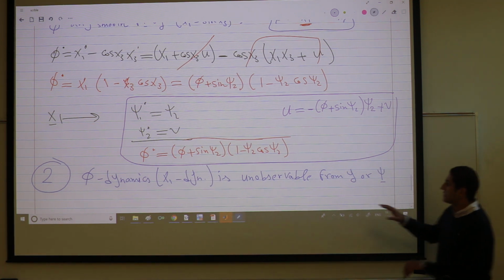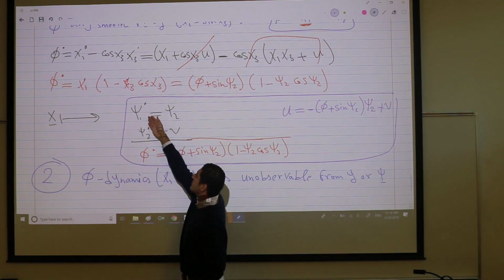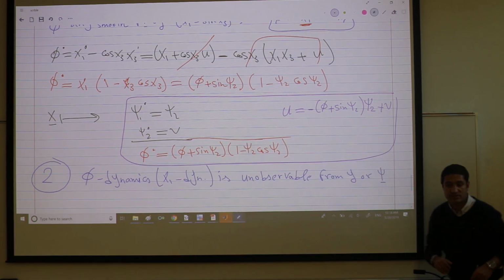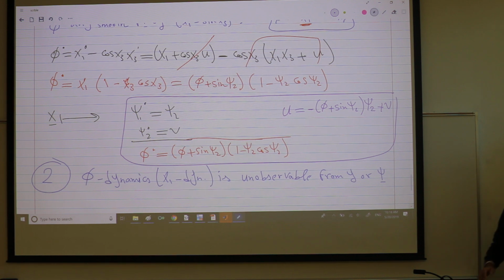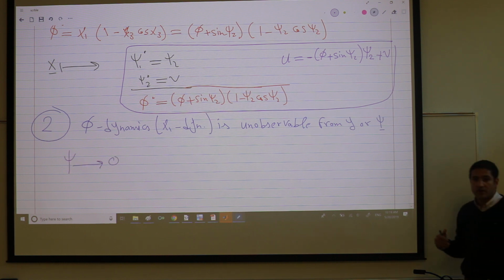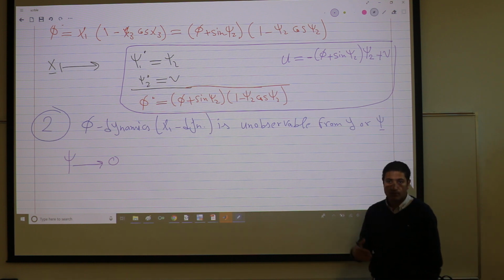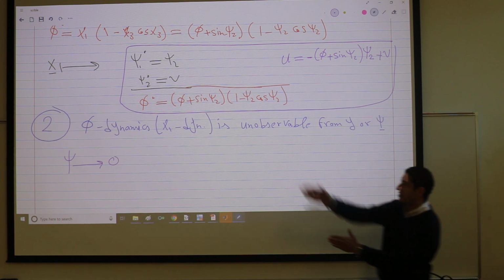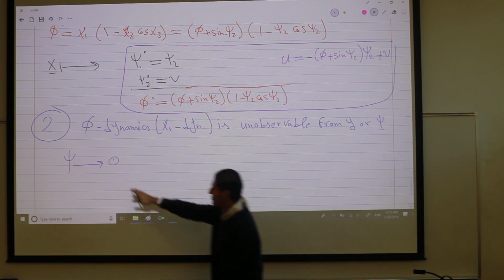So this is the issue, that this dynamics is unobservable here, and it affects your input. So it's bad, it affects your feedback. So we need to resolve this. We need to make sure at least, if psi is going to 0, if I say I want to regulate the psi dynamics, or I have a trajectory and I want to track this trajectory, so psi represents the error, so I want to drive it to 0.